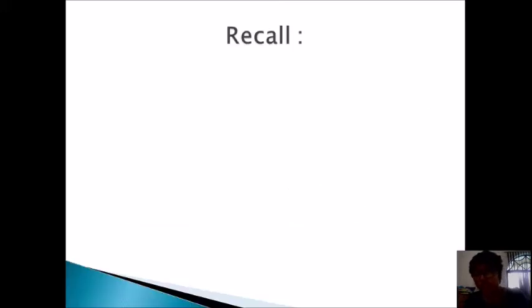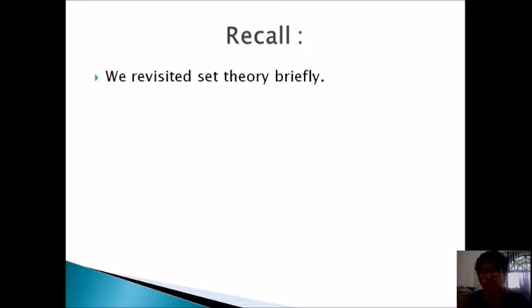So let's recall what we did in the first class. Firstly, we revisited set theory briefly. So we studied what sets are, functions are, operations are, relations are, and so on, equivalence relations, partitions, whatever is required for a study of group theory.